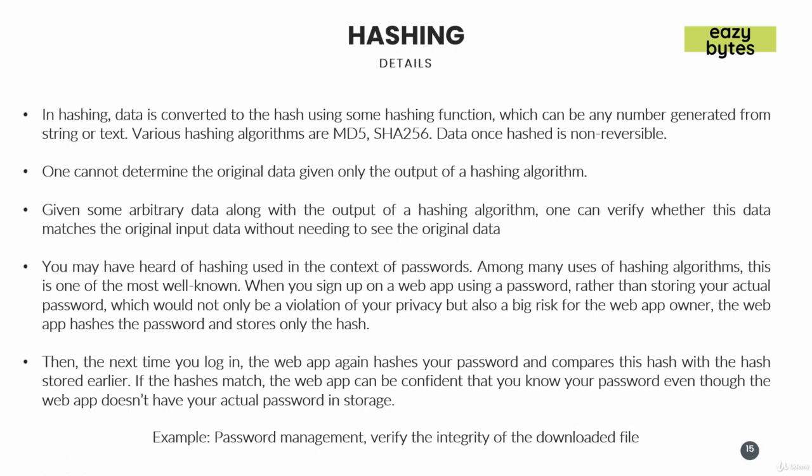But hashing is a powerful algorithm or mechanism where whatever input you give is hashed using a hashing function, and it is non-reversible. That means once you have generated a hash out of a string and stored it inside your database, no one can reverse it and see the original text. That's the beauty of hashing.